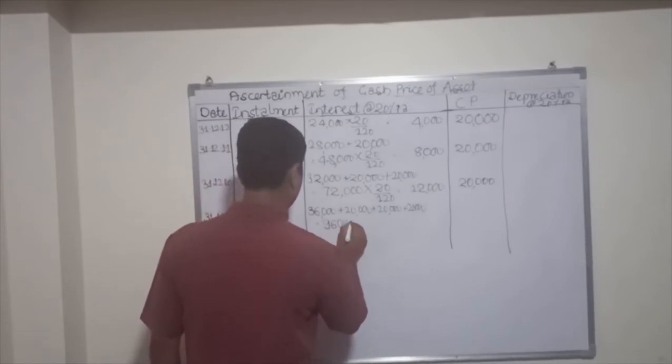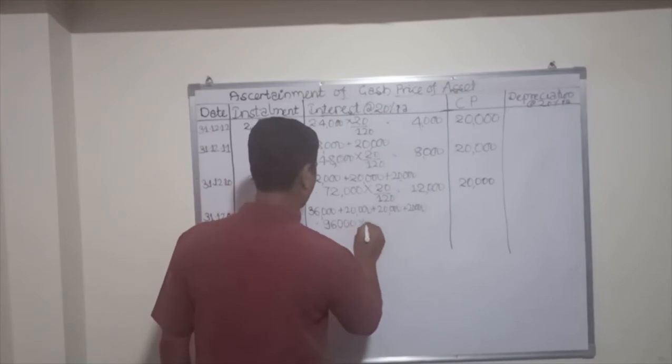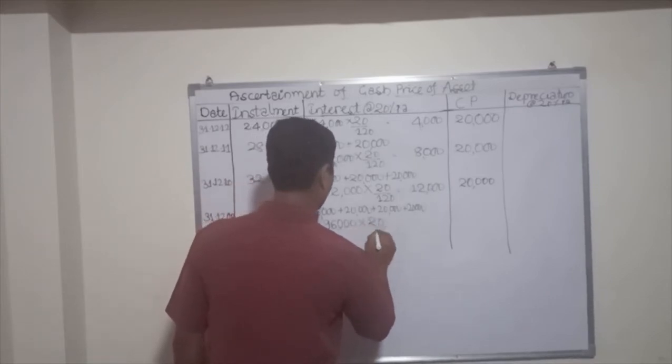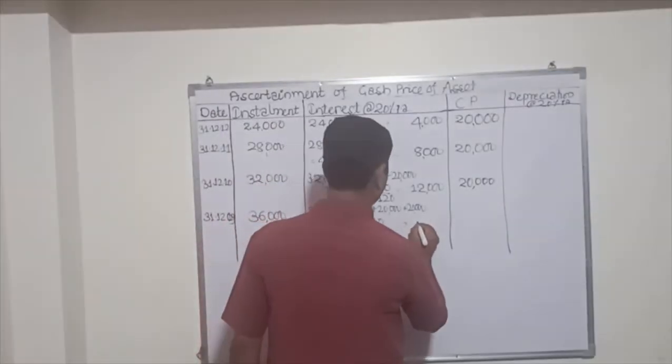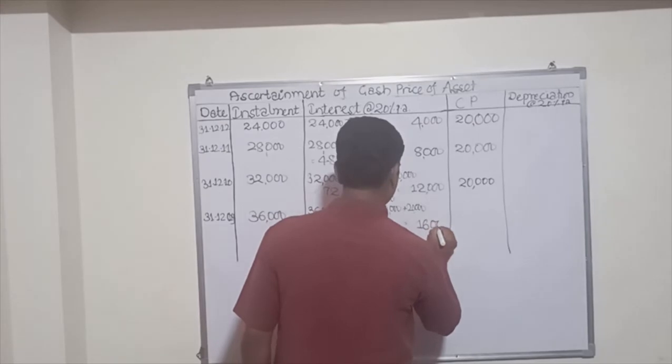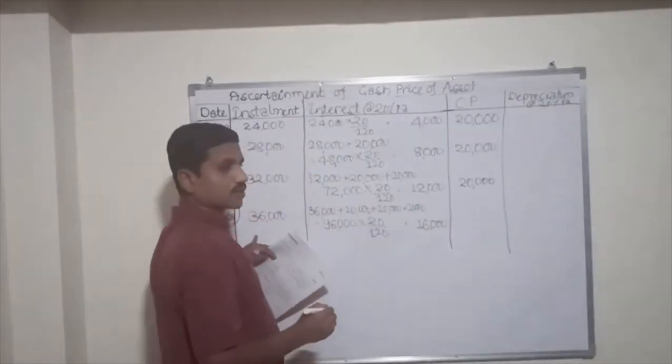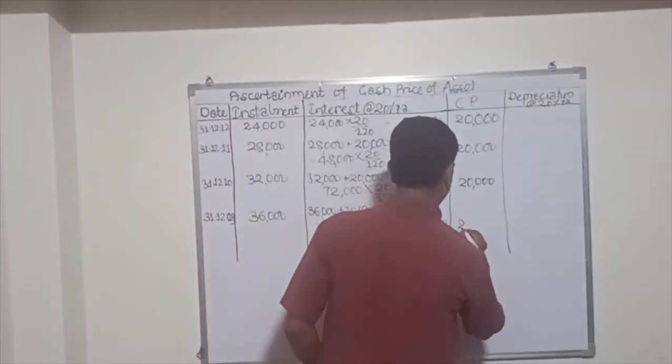So 96,000 into 20 divided by 120, so 16,000 here. So when you subtract the 16,000 from 36,000, you will get 20,000.